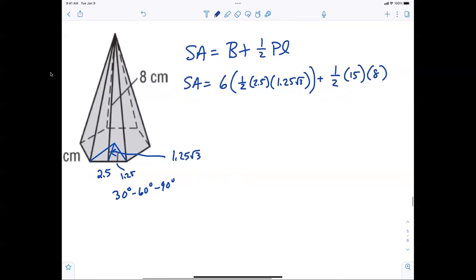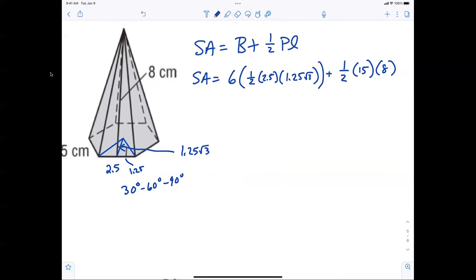All right, now surface area is equal to, I think it's 150 over 8 radical 3 plus 60 centimeters squared.